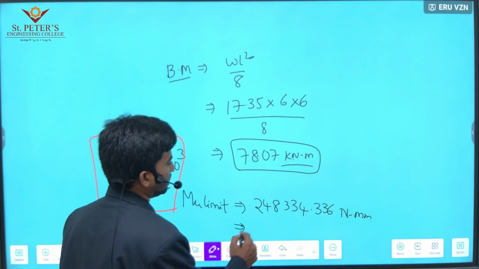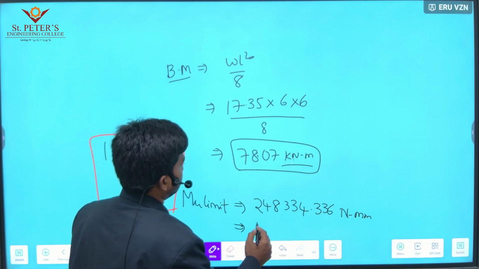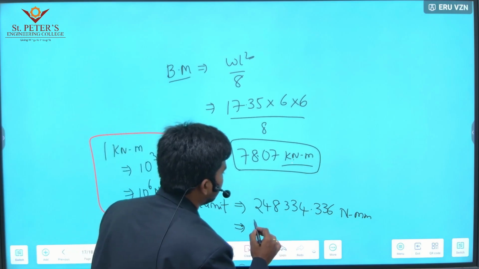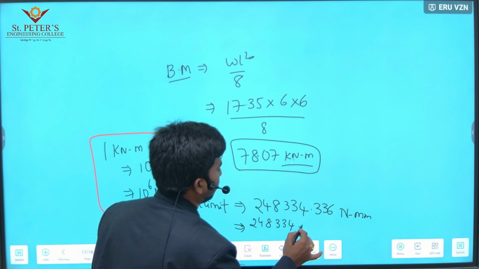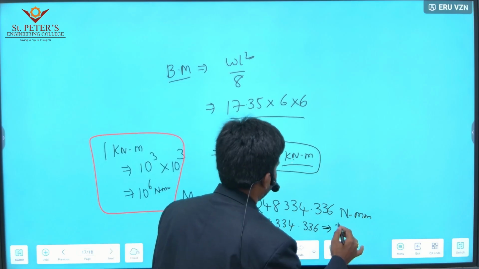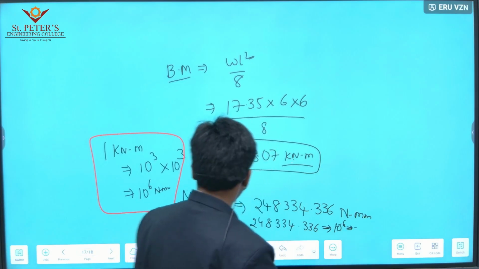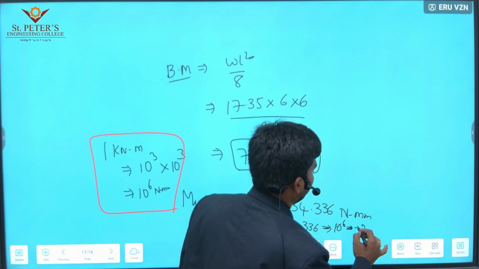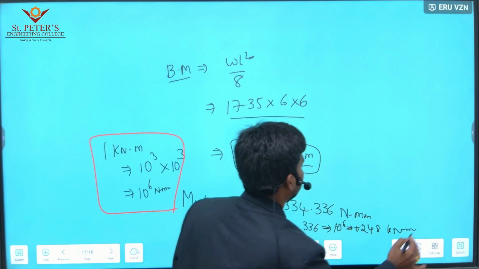So I am converting the value into kilonewton meter: 248,334.336 divided by 10 power 6. We got the value 0.248 kilonewton meter.